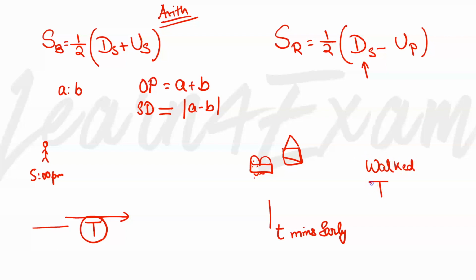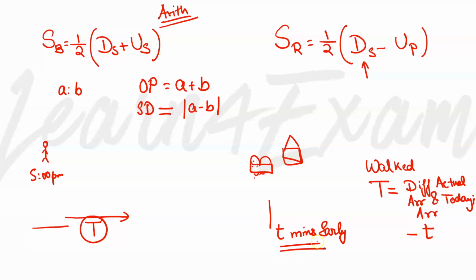For that question, the amount of time that this person walked, that is the value of T, is given by the formula: the difference in time of actual arrival and today's arrival, minus small t. What is small t?